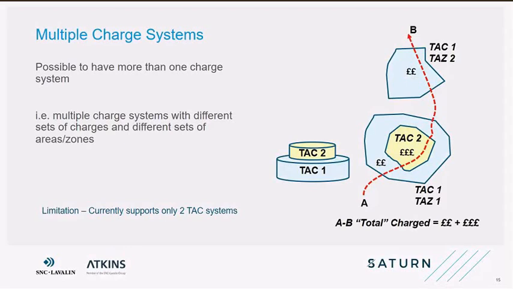If you have noticed, it traverses both the TAC 1 and TAC 2 zones of TAC 1, but it is still charged only £2. So you can define multiple charge systems, but the current version of Saturn that we are going to release has a limitation. It can only support 2 TAC systems.